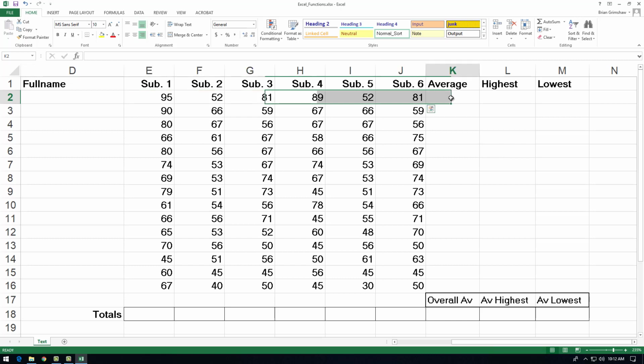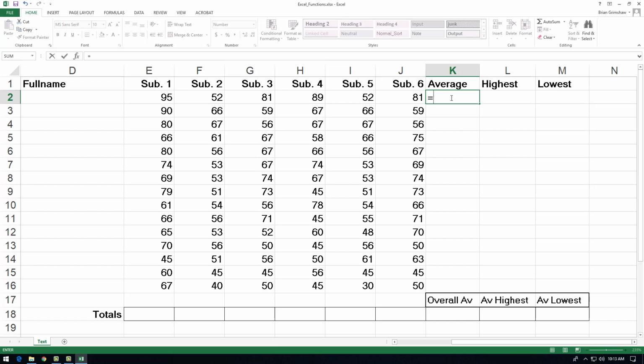If I'm in cell K2, and I want the computer to calculate something for me, what do I start with? Equal sign, always. If you want that cell to actually perform something for you, that's the secret code. Start with an equal sign. Now, all functions have exactly 2 parts.